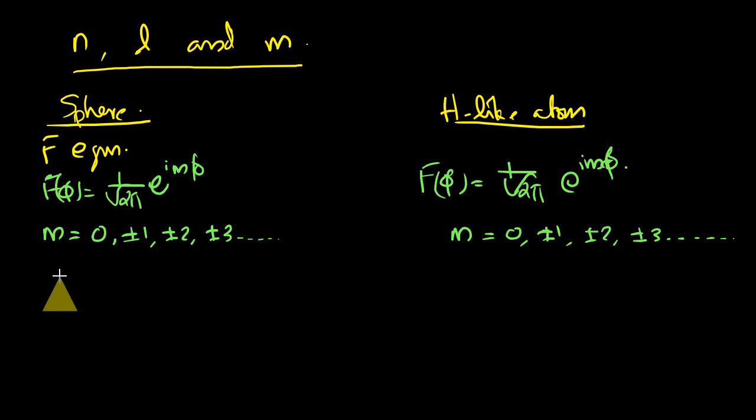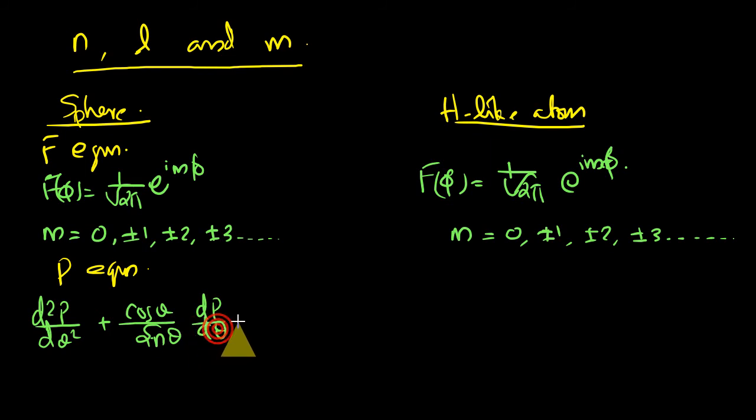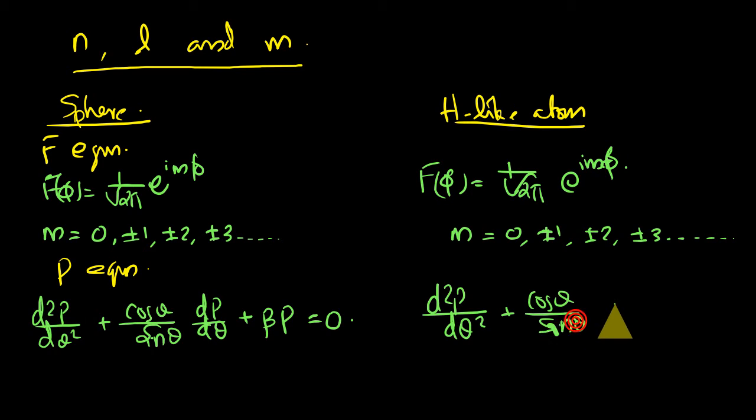The P equation in the case of the particle on a sphere was d square P by d theta square plus cos theta by sin theta dP by d theta plus beta P equal to 0.